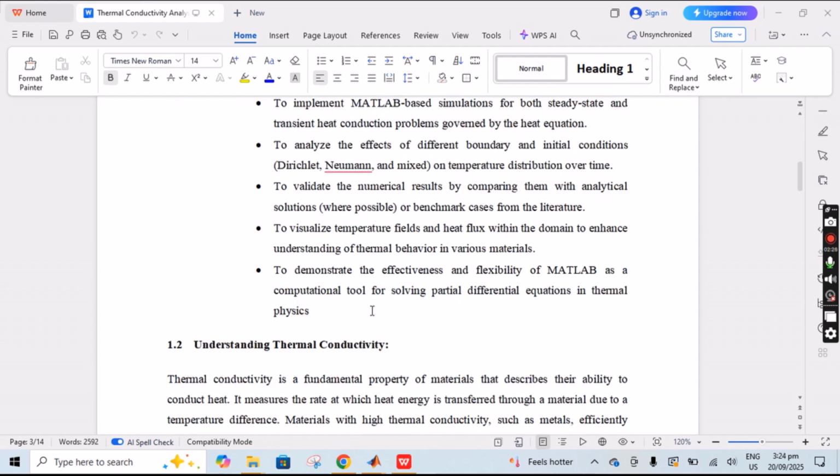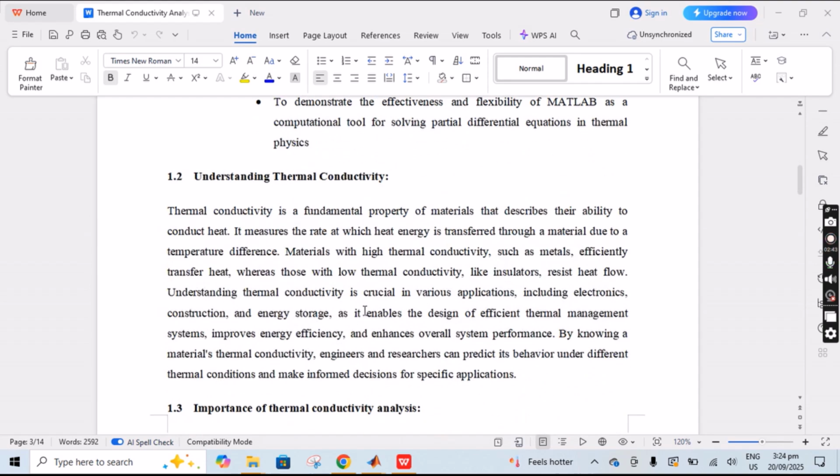Also, next we have demonstrated the flexibility and effectiveness of the solid state equations in MATLAB with the use of computational tools for partial differential equations in thermal physics.